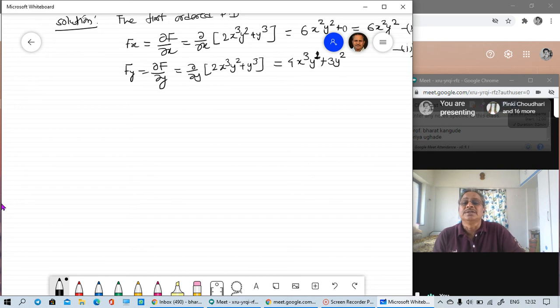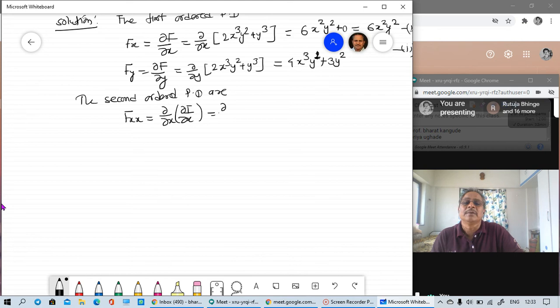Now the second ordered partial derivatives. First go for fxx. Fxx means we have to go for del by x of del f upon del x, that is equal to del by x of, here I have to use equation 1, that is our first order partial derivative with respect to x.